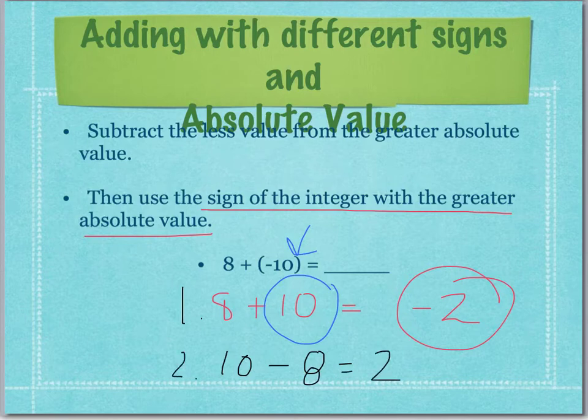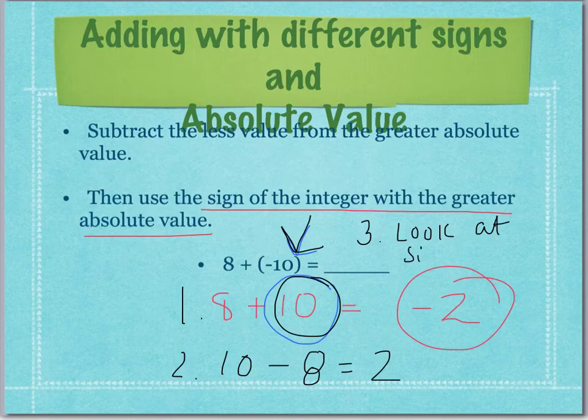Step 3 is to use the sign of the integer with the greater absolute value. And we looked here to see that it was negative. So step 3 is look at the sign of the larger number.